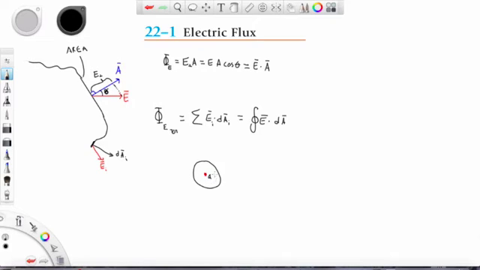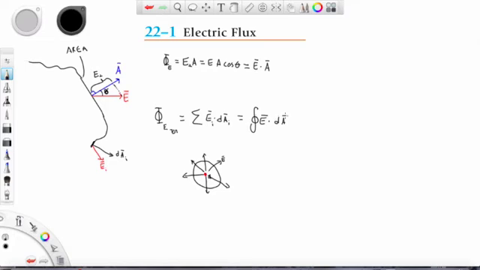So Q. And this creates an electric field that is radially outward in all directions. And luckily for us, the electric field at any given point is perpendicular to the surface.